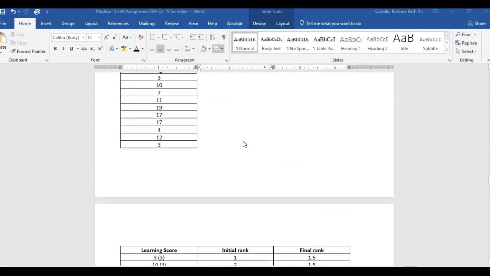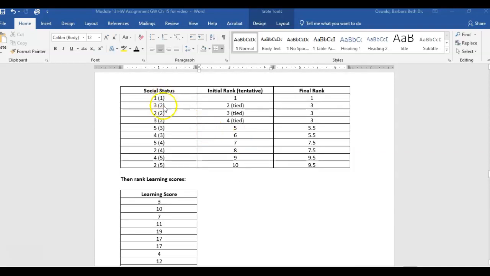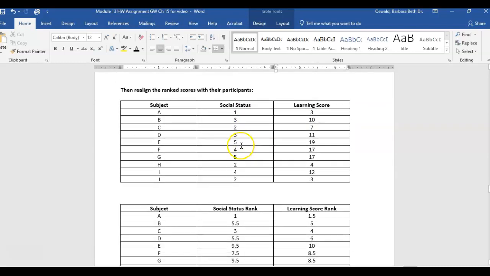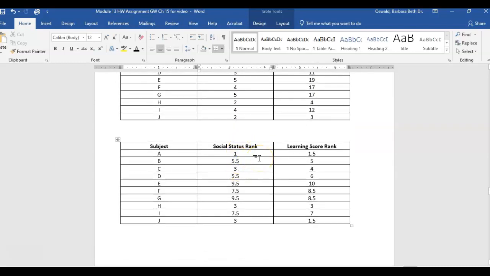To get that rank, I have to go back up and look in the social status column for scores of 3, and here the scores of 3 are these ones in parentheses, and I have to look across to see what their final rank was. If they got a score of 3 on social status, their rank is actually a 5.5. And so I put that into this social status rank column.